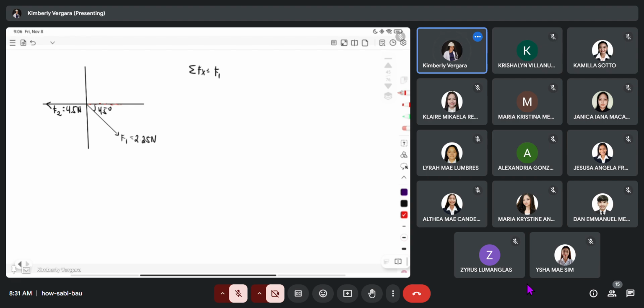F1 natin is, dahil po ay naka-adjacent, so, F1 natin is 2.25 Newton cosine 45.